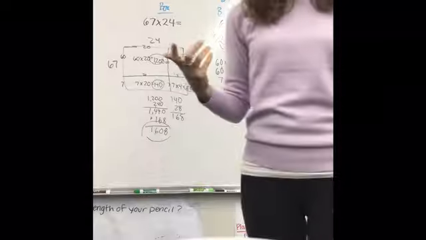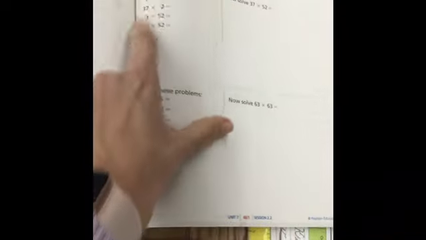Now, after that, I want you to do some pages in your book. And you're going to do them showing me lots of strategies, okay? So you're first going to do page 461. But remember, I want you to ignore this, okay?